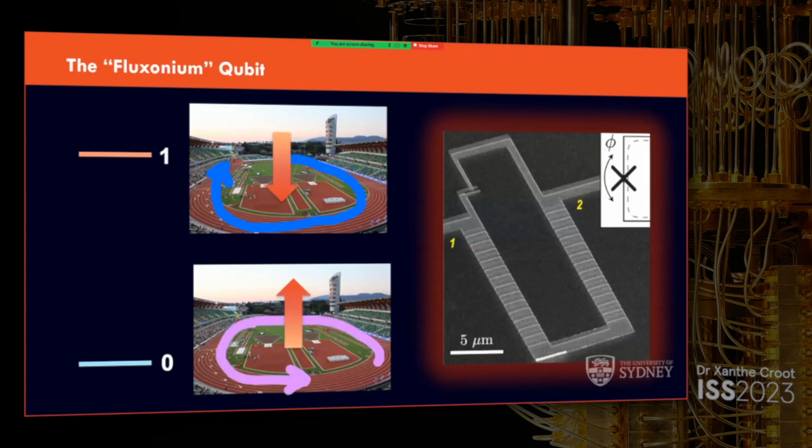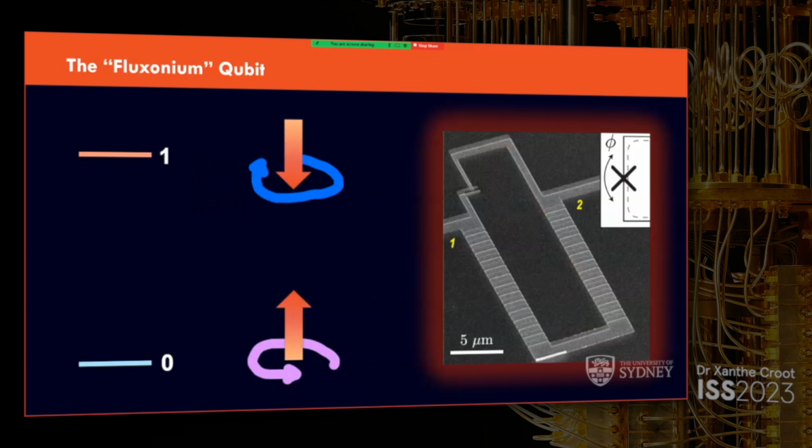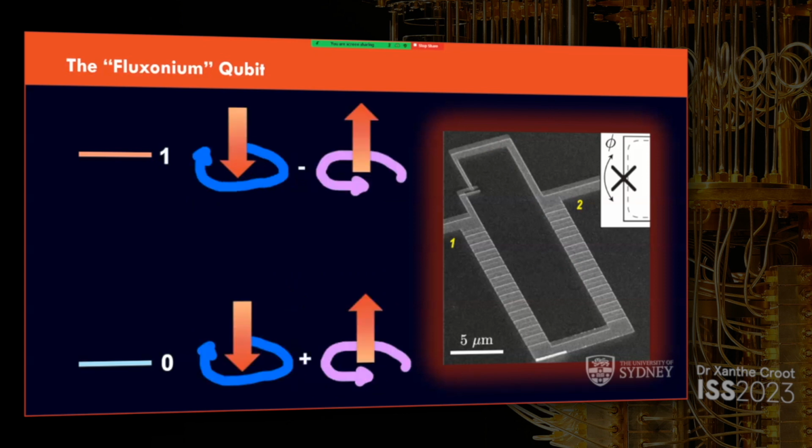And so we can have circuits where rather than having charge states, we have flux states, and we can have integer values of flux quanta in these circuits. We can define a 0 and a 1 as a clockwise and anti-clockwise circulating current, or even superpositions of these circulating currents.